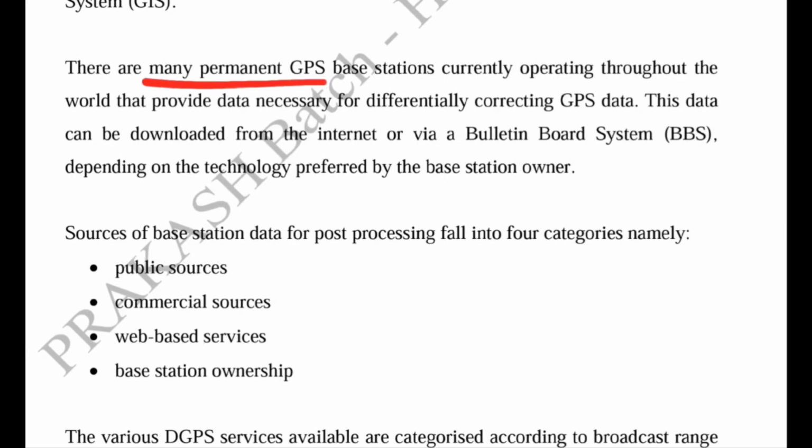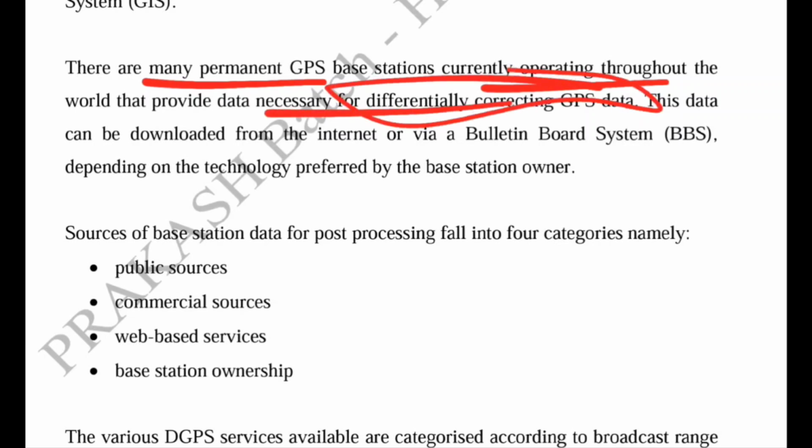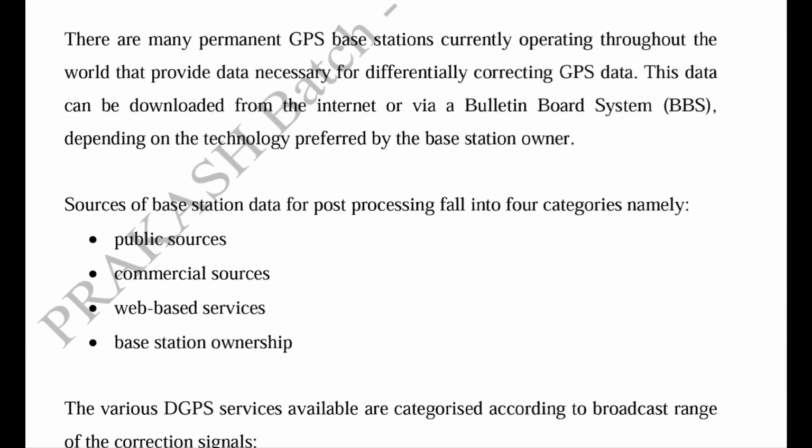And there are many permanent GPS base stations currently operating throughout the world that provide the data necessary for DGPS, the corrected DGPS data. This data can be downloaded from the internet or via a bulletin board system, depending on the technology provided by the base station owner.